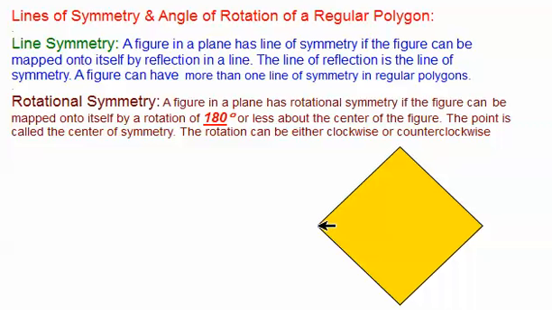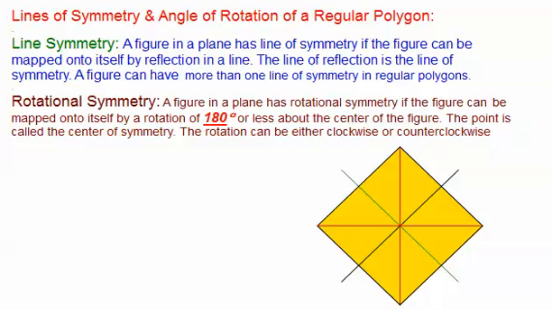Connecting this vertex to this one is going to be another. Let me draw it. These are the lines of symmetry you can see, and the other two come from connecting the midpoints of the opposite sides. So if I fold this square, there are going to be four lines of symmetry.